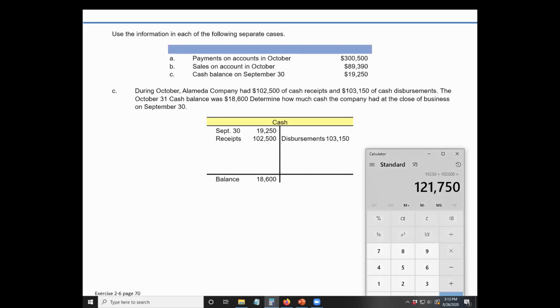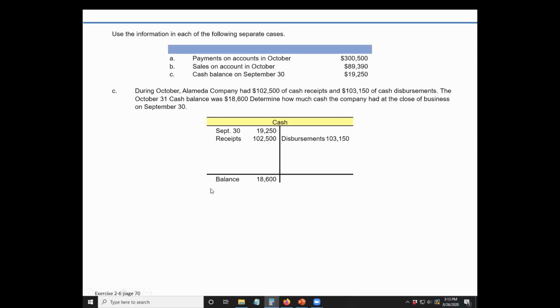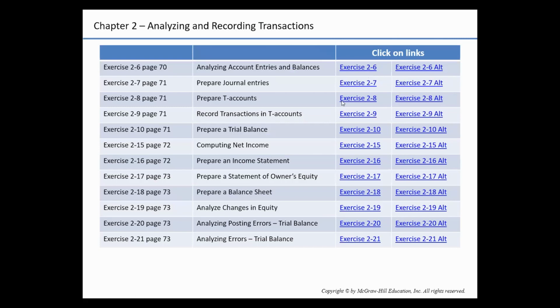And then minus how much cash they paid out, you're going to get the balance, which is what they would have had at the end of the month, $18,600. All right, let's look at another one.